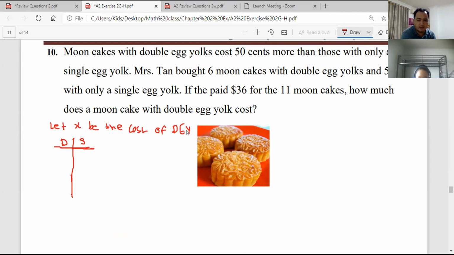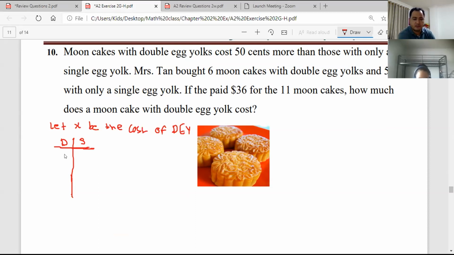Because I thought maybe we could do the single egg yolk first, and then since it said the double egg yolk costs 50 more cents, we could add the 50 cents after. Okay. So if the cost of 1 double egg yolk is X dollars, it is in dollars, right? Not in cents.